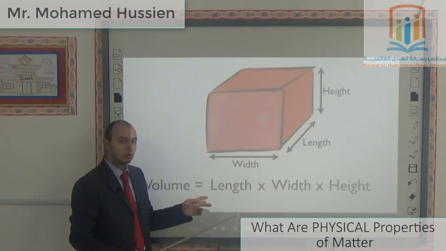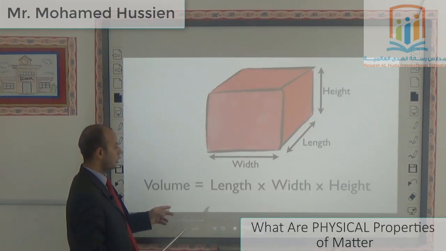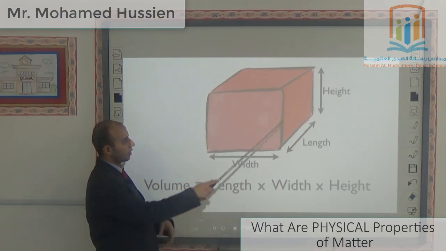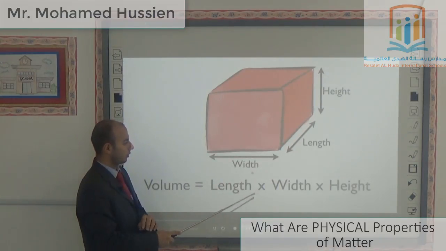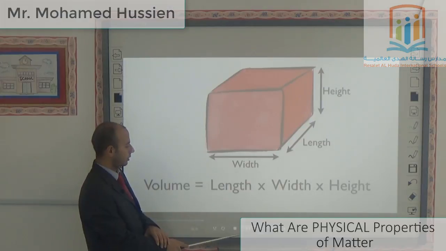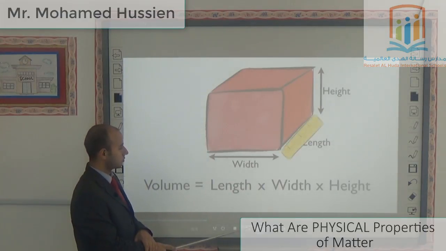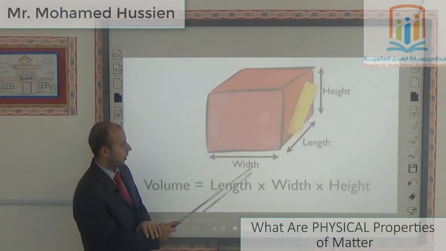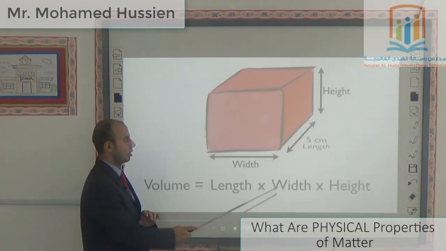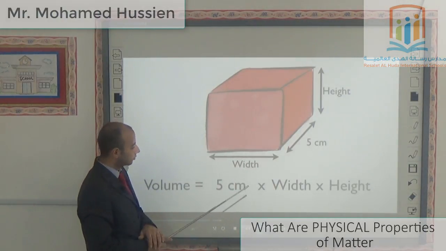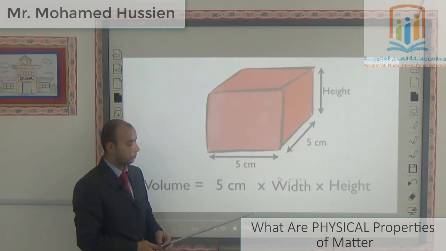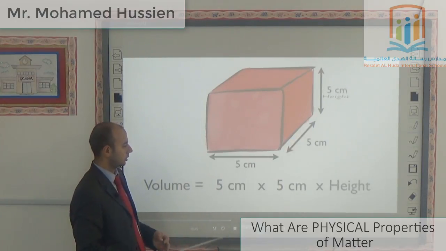We will see the irregular one after this. So we can measure the length like this. For example, this width is 5 centimeter, and here is 5 also, and of course, in this cube all sides are equal.